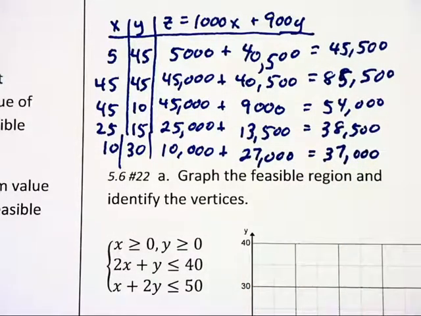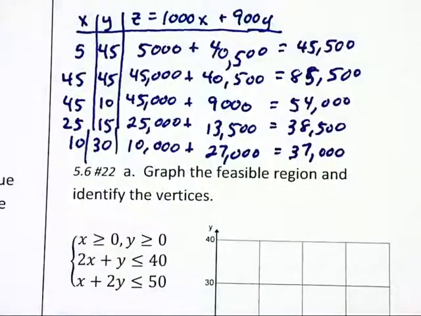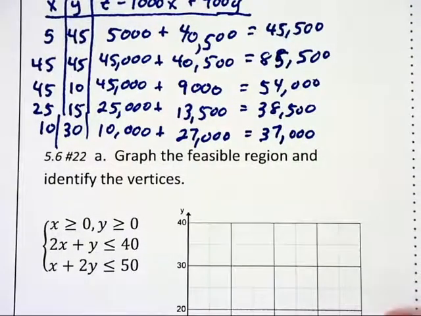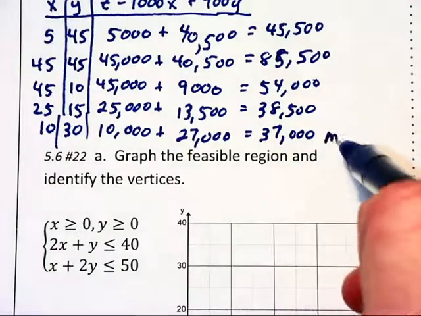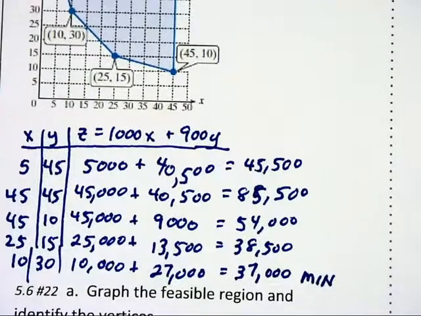And this problem, if we go back up to the top, says we want to minimize, and so the smallest value on that chart occurs way down here at the bottom. There's our minimum. So I'm going to go up here and write our answer.